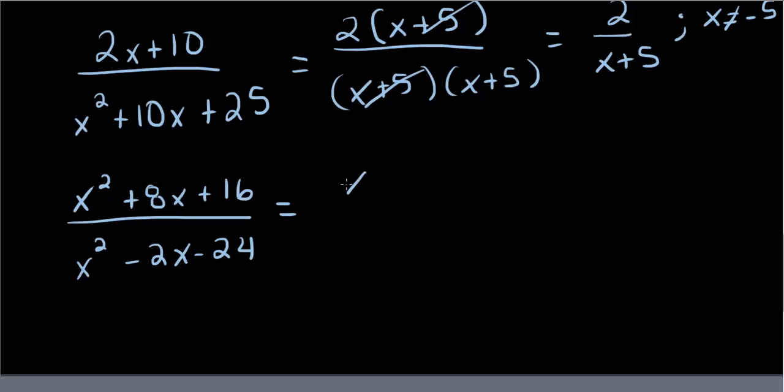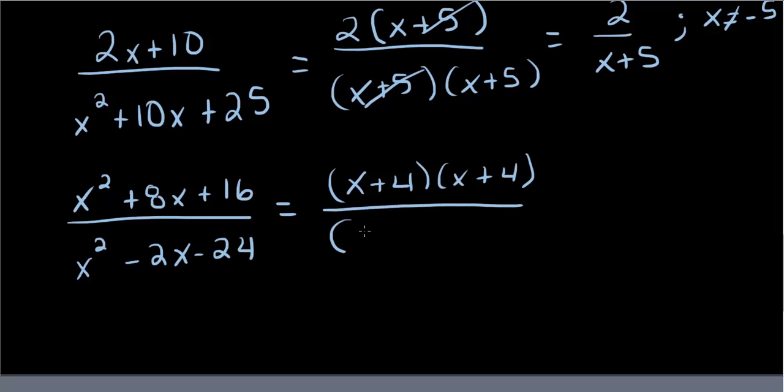So we factor the numerator as x plus 4 times x plus 4, because 4 times 4 is 16, and 4 plus 4 is positive 8x. The denominator is x minus 6 times x plus 4, because negative 6 times 4 is negative 24, and negative 6 plus 4 is negative 2.